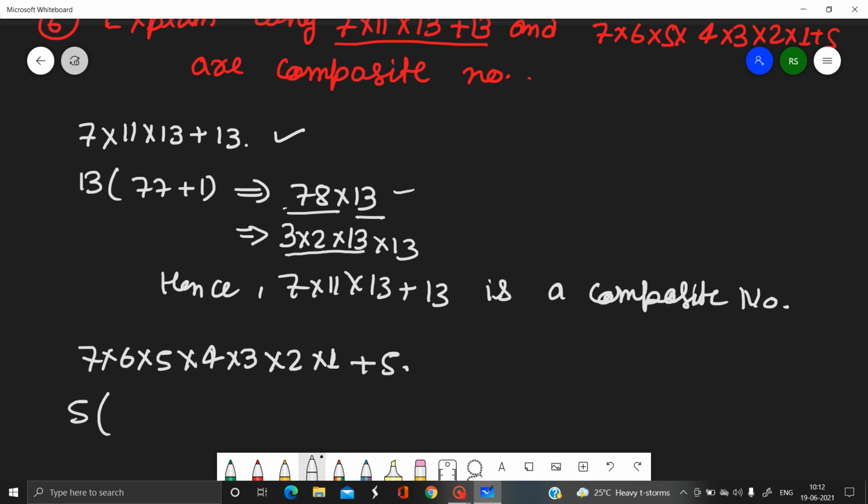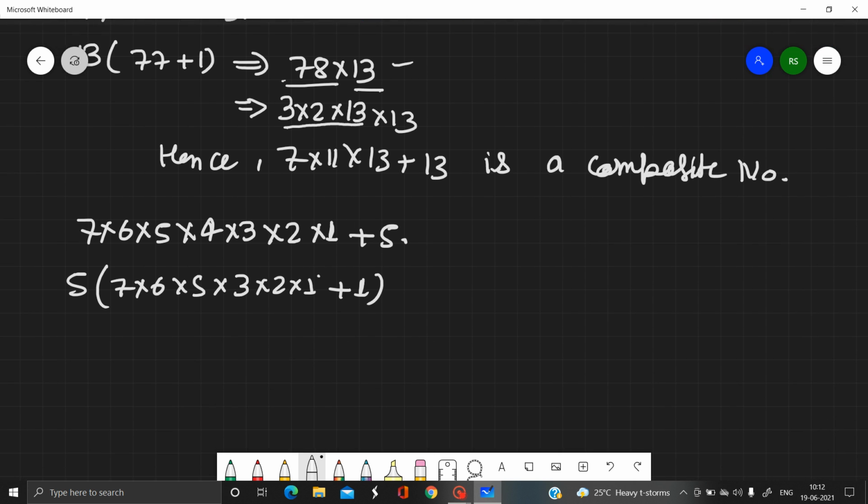When I take 5 as common, here is 7 into 6 into 5 into 3 into 2 into 1 and plus 1 here. When we multiply 7 into 6, it's 42. Here we multiply 5 into 3, we get 15, and 2 into 1 will be 2, plus 1.